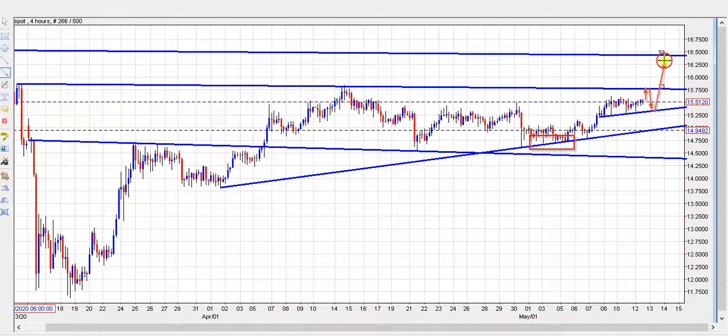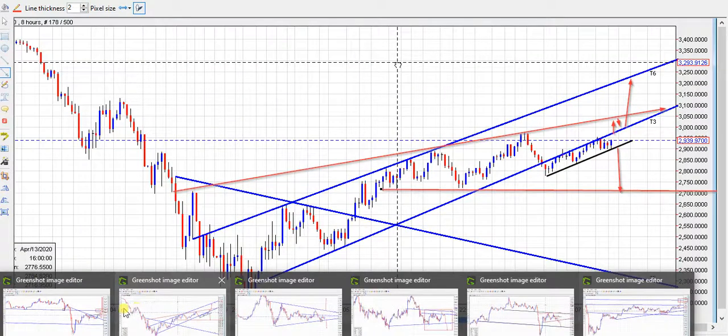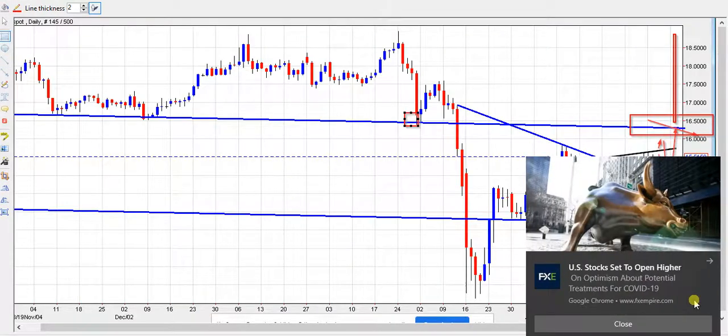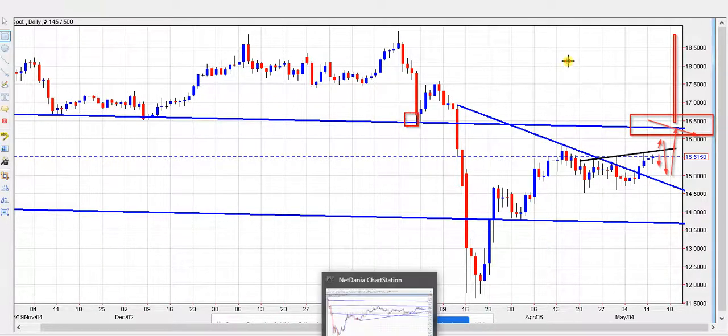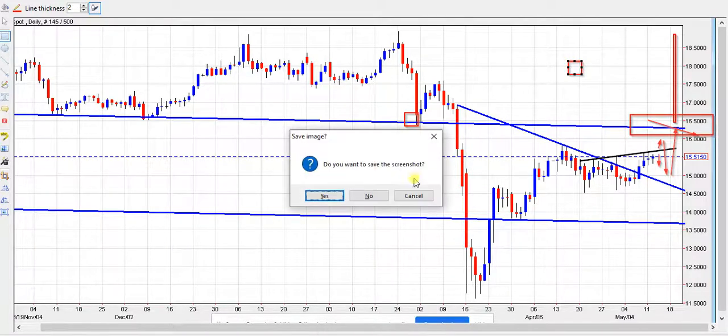If it starts holding, then that's the next move, and this one mirrors the target listed on the daily. So this is a pattern that I'm looking at in terms of silver.